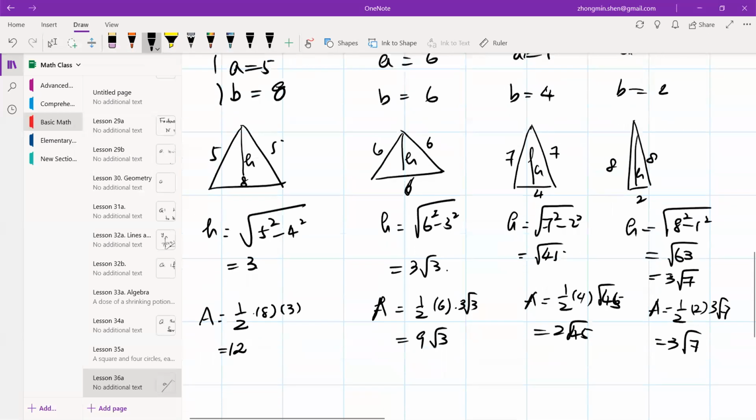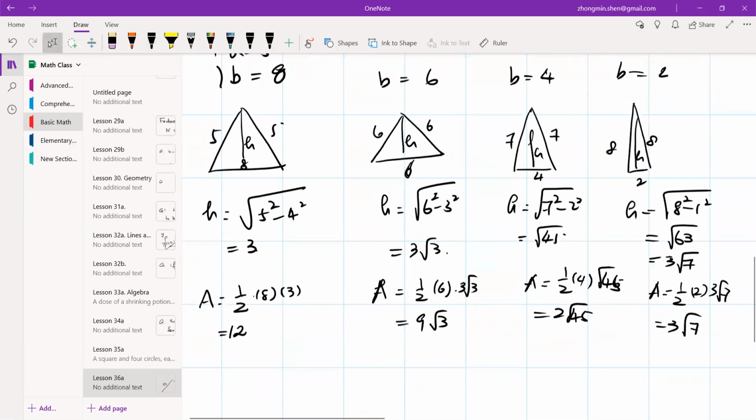So now you can compare those numbers and you can tell which one is larger. And if you put everything inside the radical, maybe it's much easier to check. This is going to be square root of 144, right? This is going to be 81 times 3, square root of 243, and this will be 45 times 4, square root of 180, right?